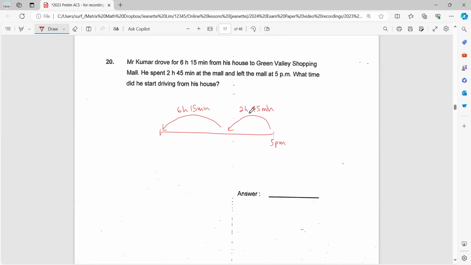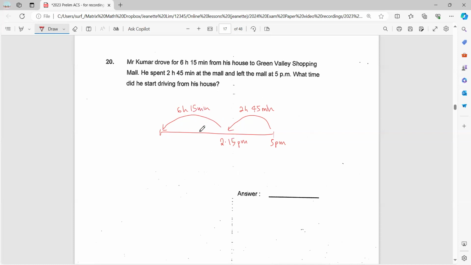So 5 p.m. go backwards. 5 p.m. go back 2 hours is 3 p.m. 3 p.m. go back by 45 minutes is 2:15 p.m. 2:15 p.m. you go back by the minutes first, you get 2 p.m., right? So it's 15 minutes.